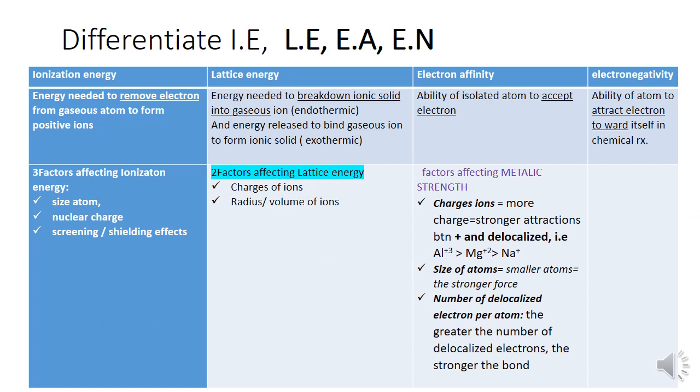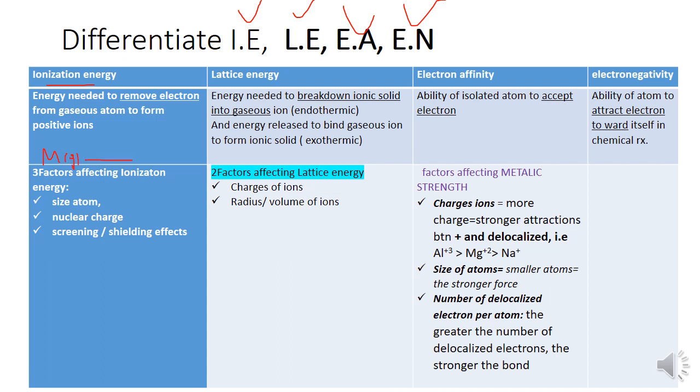Here we have the summary about ionization energy, lattice energy, electron affinity, and electronegativity. This is the general difference. What is ionization energy? It is the energy needed to remove an electron from a gaseous atom to form a positive ion. First, we have a gaseous atom.